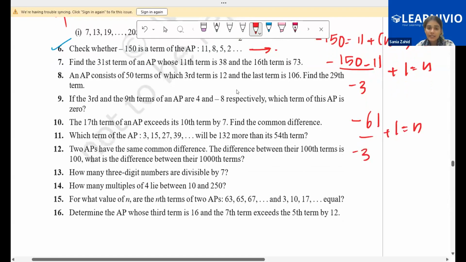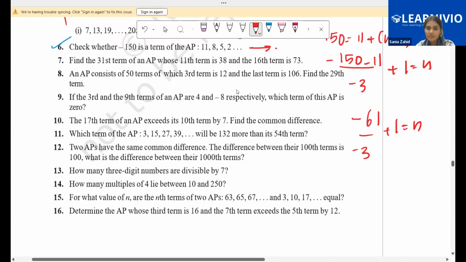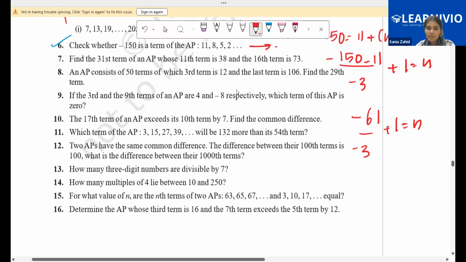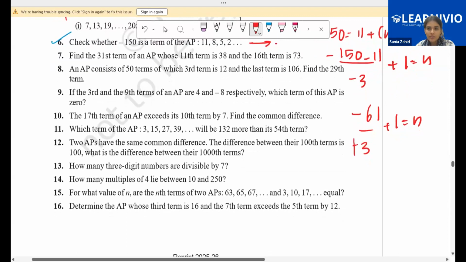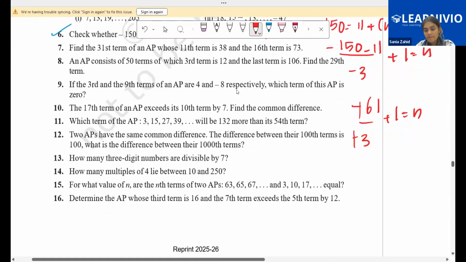But how are you getting 45.6? N is not 45.6. How do you get that? Here you will get 20 point something.